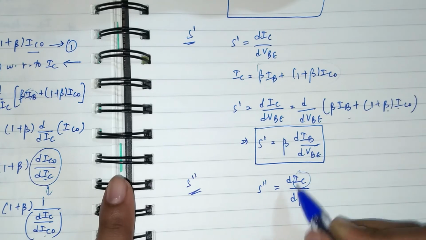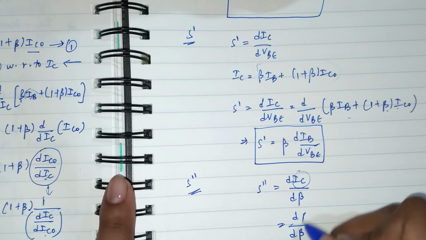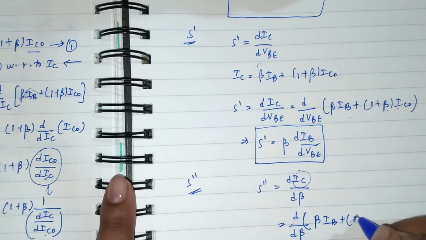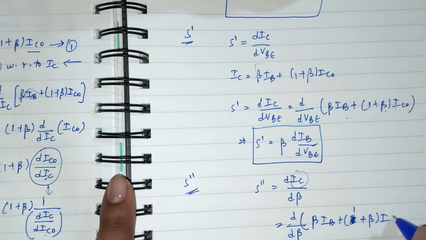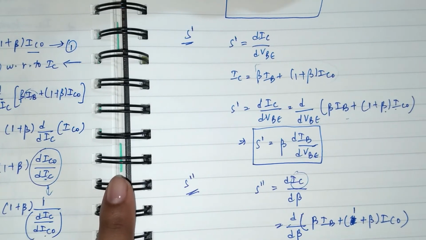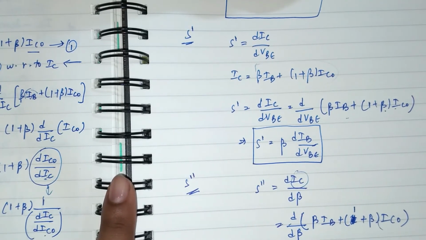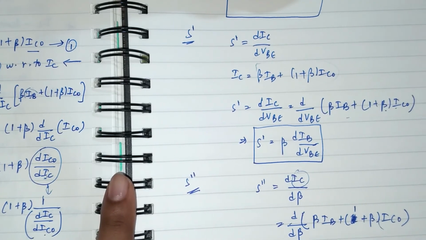Again, in the place of IC we have d by d beta of beta IB plus (1 plus beta) into ICO. Here, according to the definition, ICO is constant. So S double dash is equal to IB plus ICO plus beta into dIB by d beta.